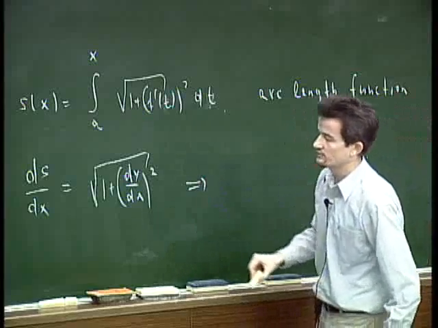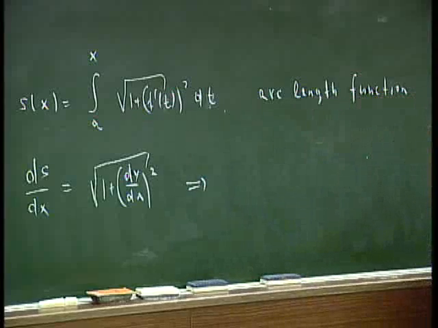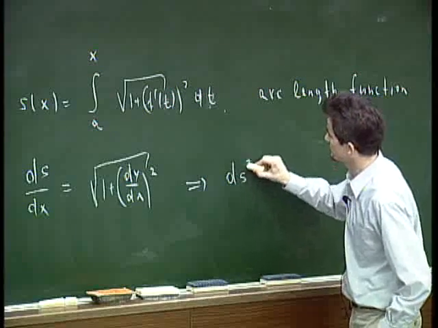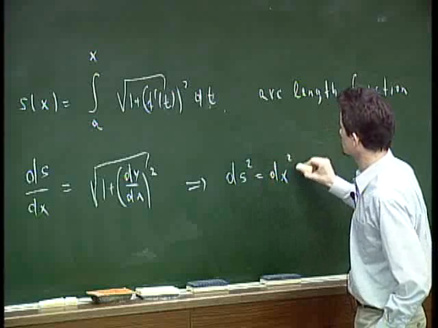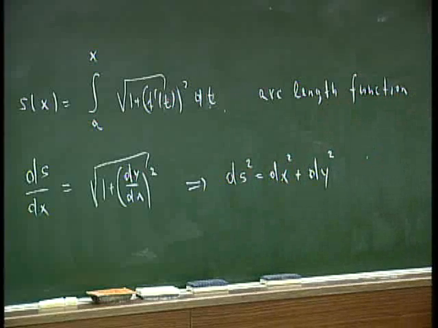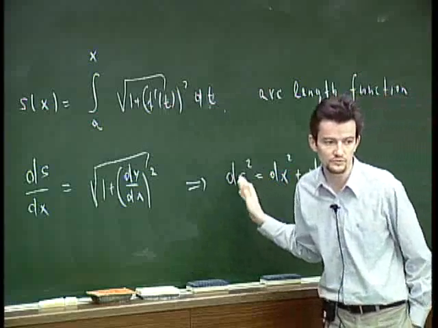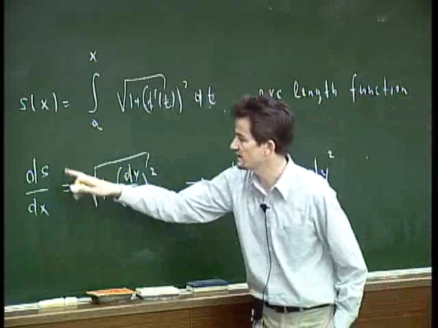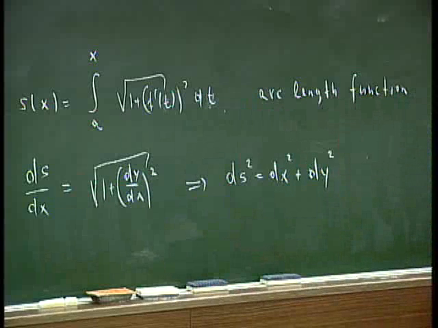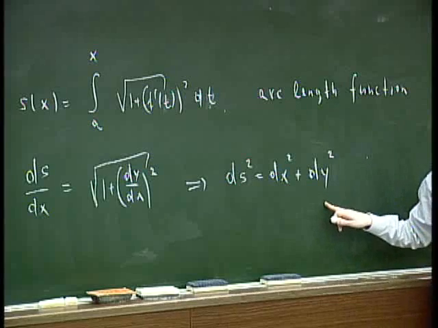If you multiply everything by dx and then square, you get that ds squared is equal to dx squared plus dy squared. Formally, this is what we do: you multiply everything by dx and square it on the right and left. Then you get this here. And this is like the Pythagorean theorem.